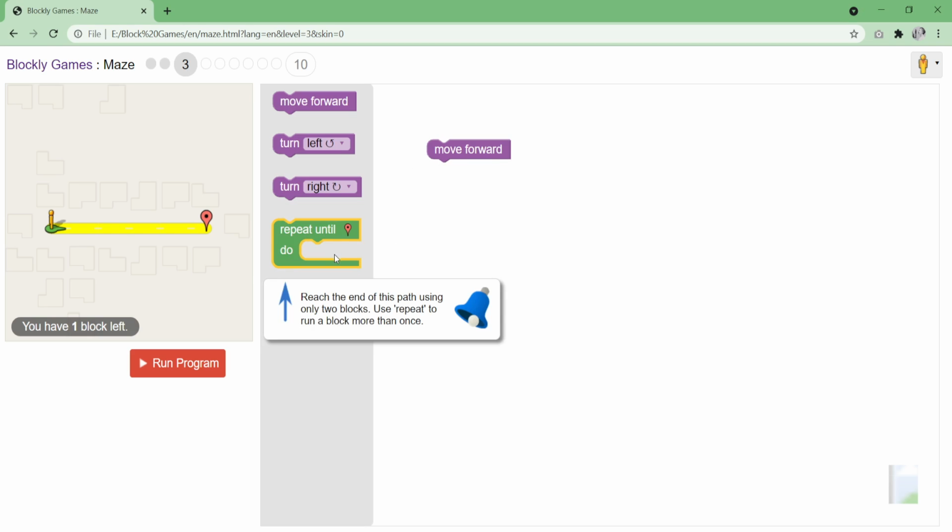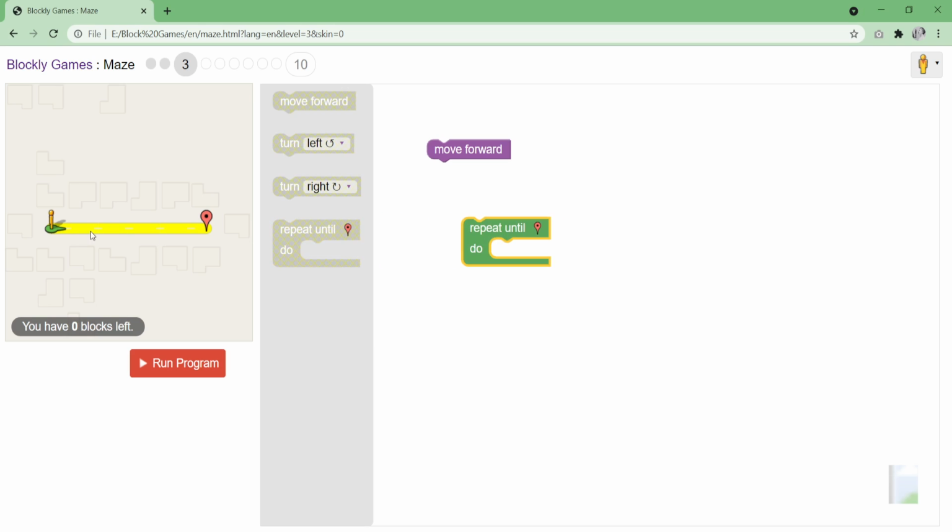We can also do move forward, move forward. We can stack up move forward, but it is a repeating statement.